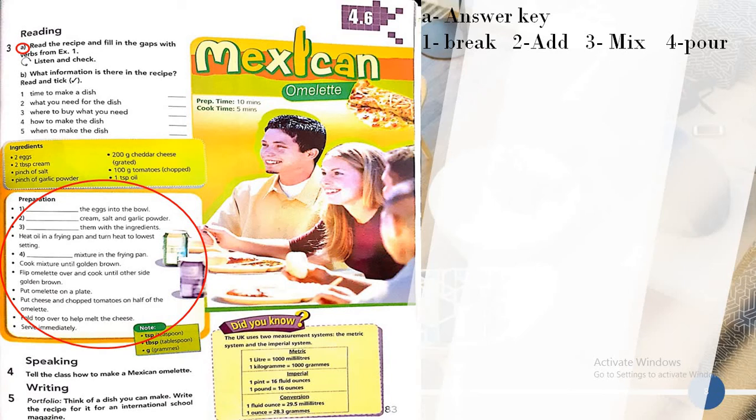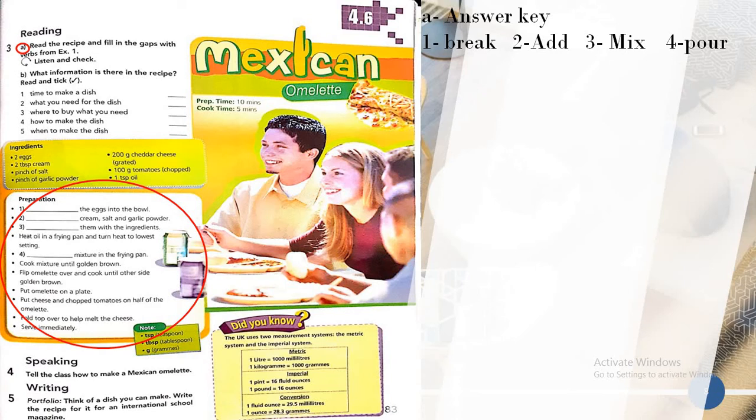So 1, time to make a dish. Is it mentioned? 2, what you need for the dish. 3, where to buy what you need. 4, how to make the dish. 5, when to make the dish.